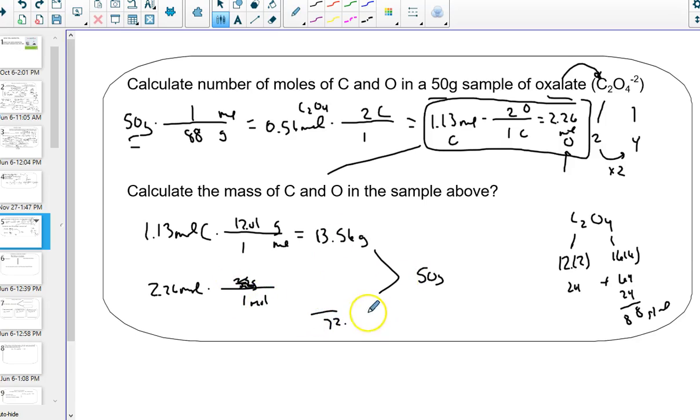Is that ever going to give me 50? Okay, that catches yourself. These thought processes, understanding the big picture, catch mistakes. It's 16. It's just straight oxygen, not O2. So we got 2.26 times 16, or 15.99, is 36.16. And those should be awfully close to 50.